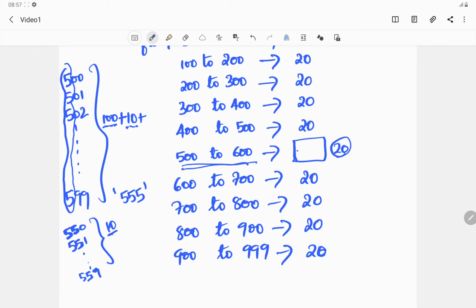Now there will be another 10 such numbers where 5 will appear in the units place as well, along with the hundredth place: 505, 515, 525, 535, and so on. The last number will be 595. So there are 10.